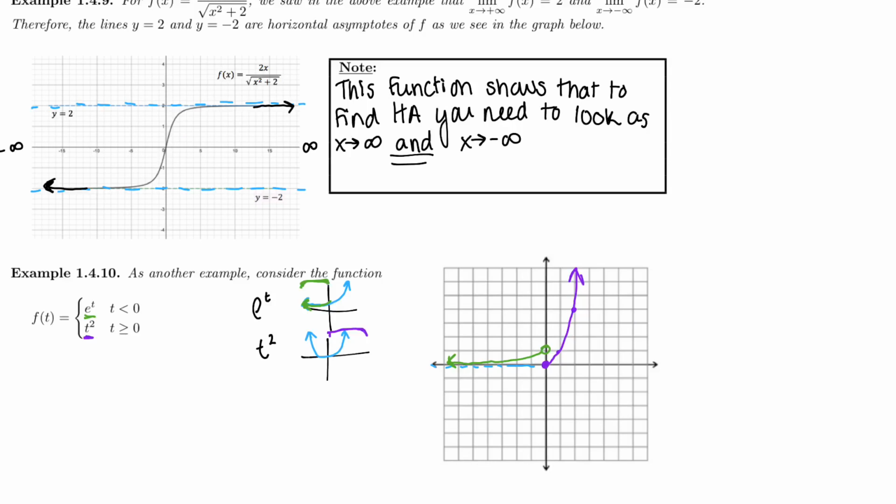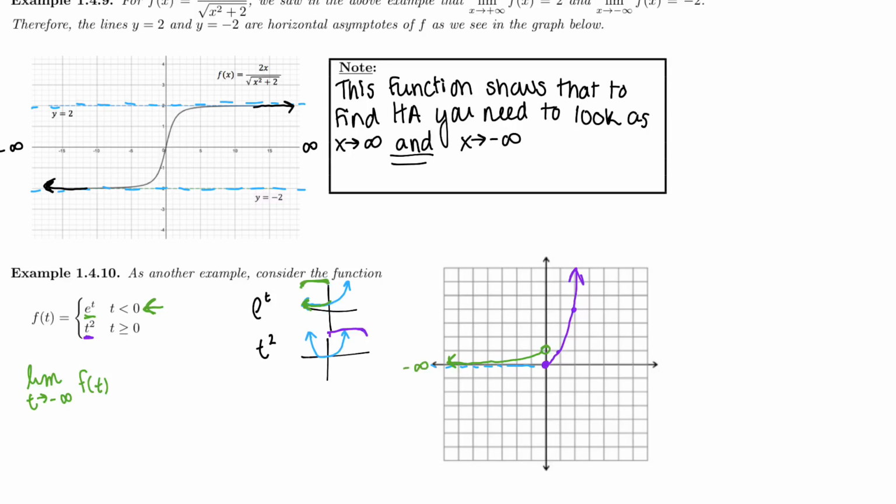So if we have this function here, and we do the limit as t approaches negative infinity, negative infinity is clearly less than 0, right? Negative infinity would be off in this direction.